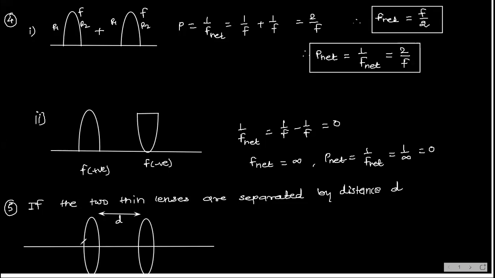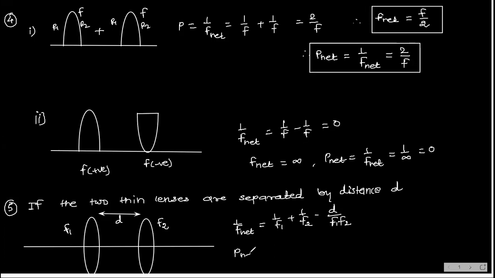Now the first lens has focal length f1. The second lens has, suppose, focal length f2. Then here 1 by f, that is 1 by f net, is equal to 1 by f1 plus 1 by f2 minus d divided by f1 into f2.